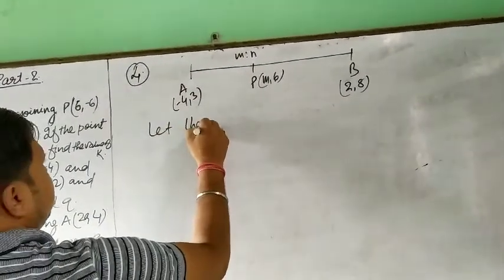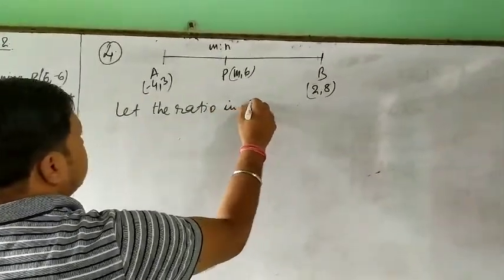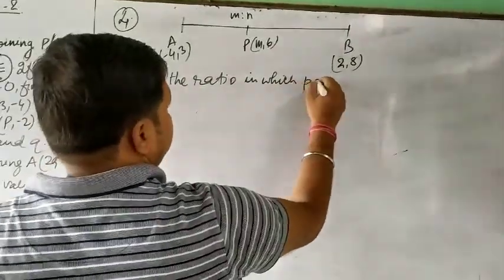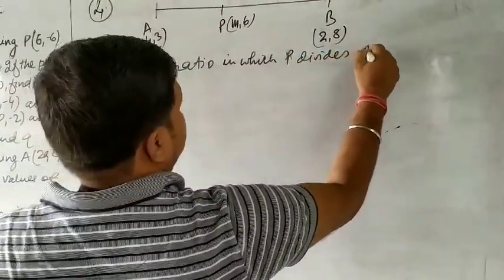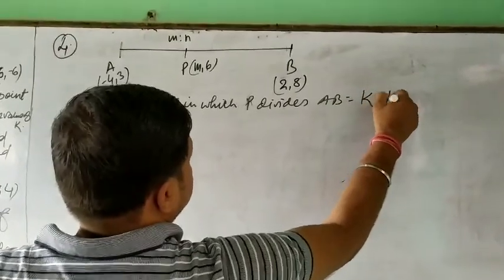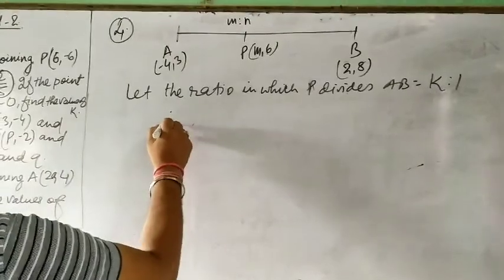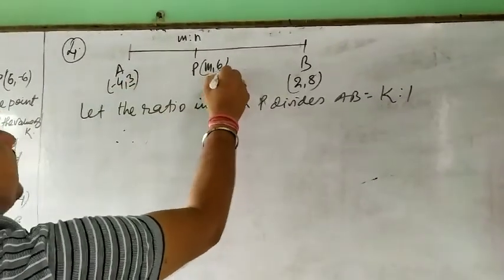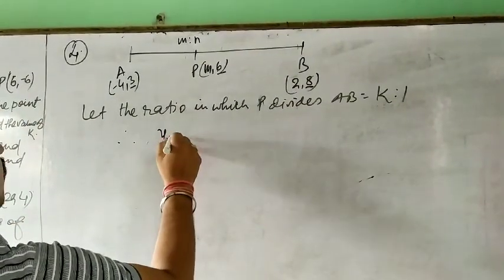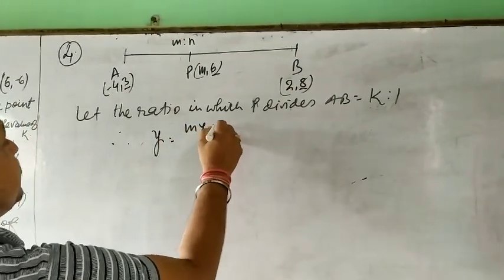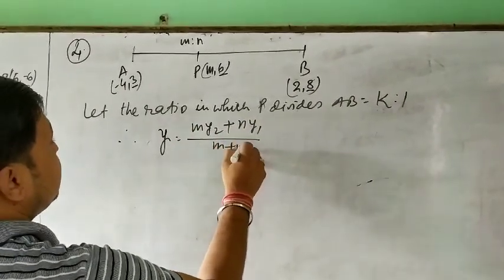So let the ratio in which P divides AB equal to K is to 1. Here the value of y is given in all 3 points, so we take y equal to (my2 plus ny1) by (m plus n).